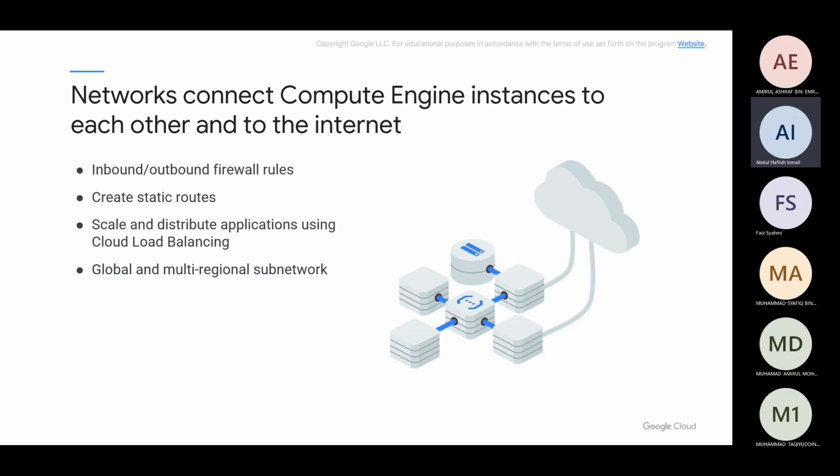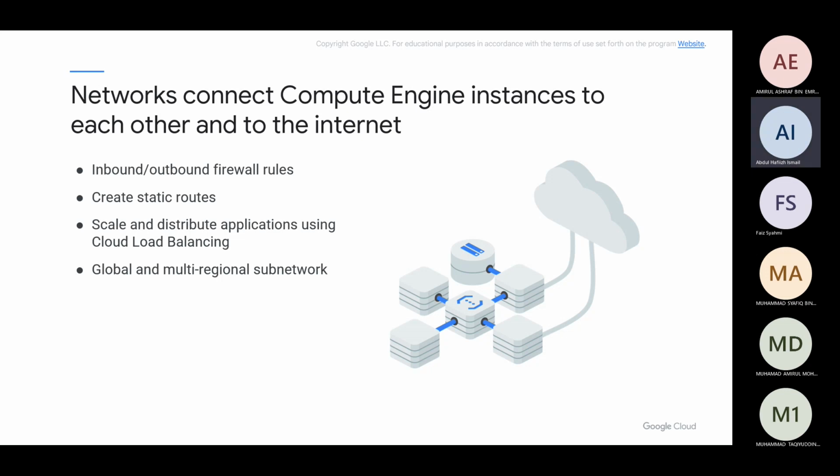So networks in the cloud have a lot of similarities with physical networks. You can segment networks, use firewall rules to restrict access, and create static routes to forward traffic to specific destinations.